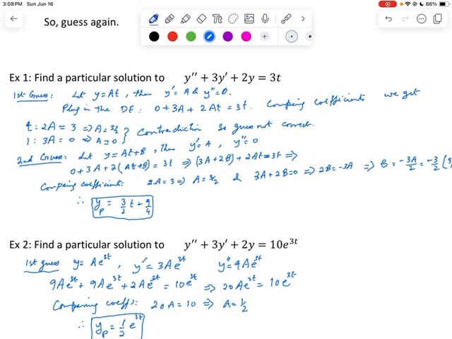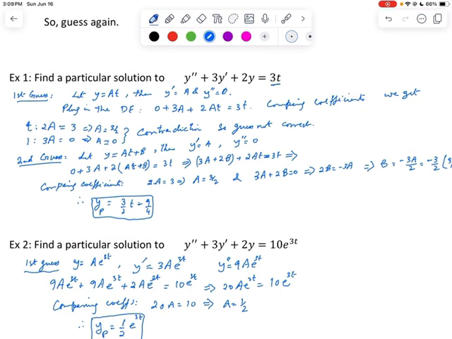Here, first example, we are given y double prime plus 3y prime plus 2y is equal to 3t. Here f of t is 3t, so we guess that, maybe the coefficient might be different, but our function looks like a times t.